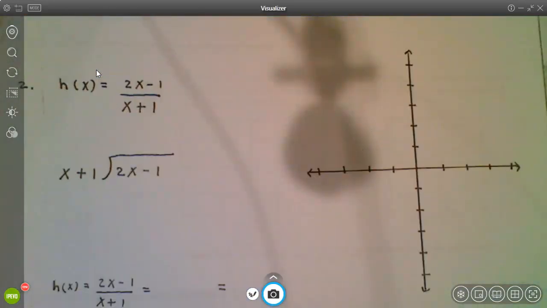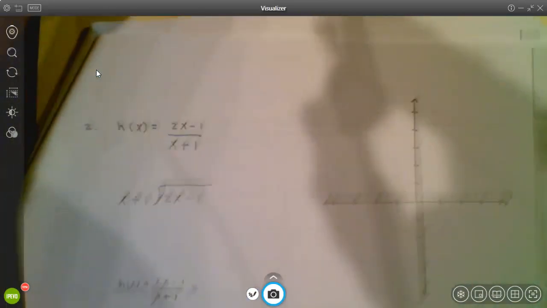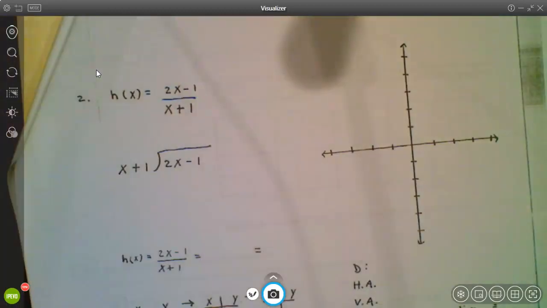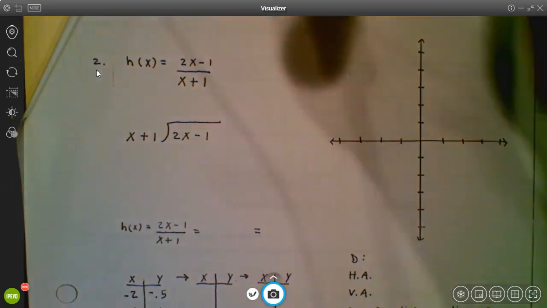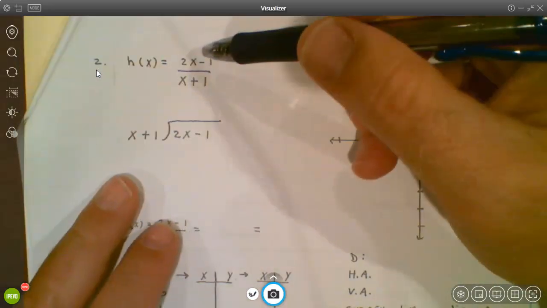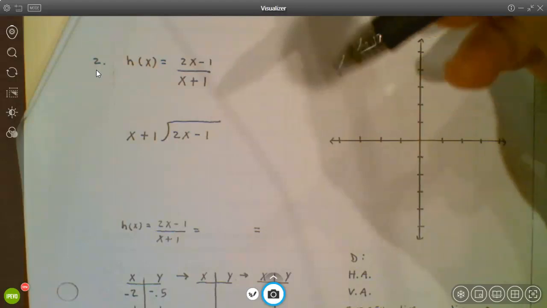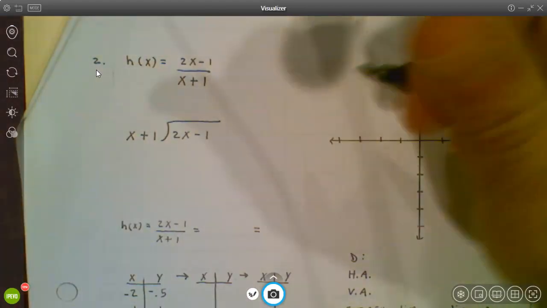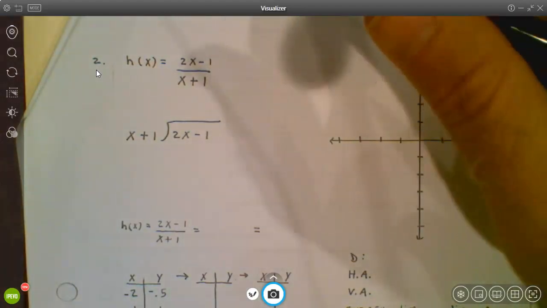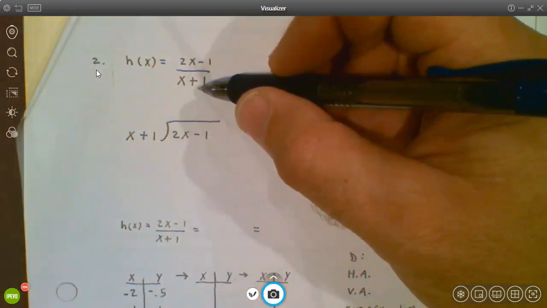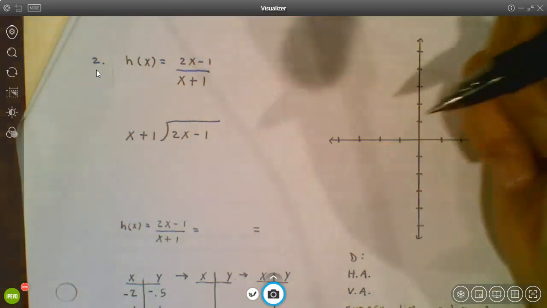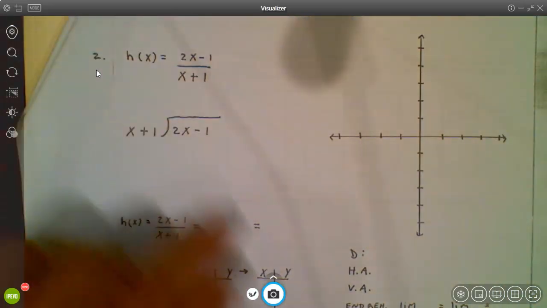So I already kind of set this one up for us. And then we're going to graph it. We're doing all kinds of fun stuff with this one. So first things first, we already know some of the ideas about the asymptotes. Remember, if I set the denominator equal to 0, I know that -1 is my vertical asymptote.